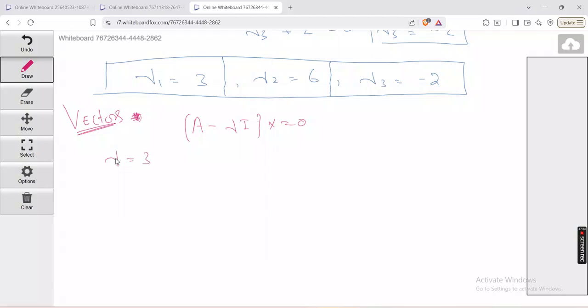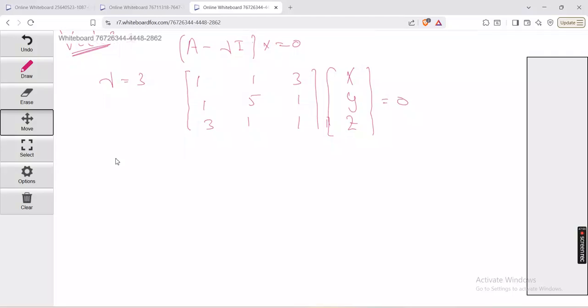We have lambda is equal to 3. And I will write my matrix which was 1, we have 1 here, we have 3, we have 1, 5, 1, and we have 3, 1, 1. We have x, y, z is equal to 0.